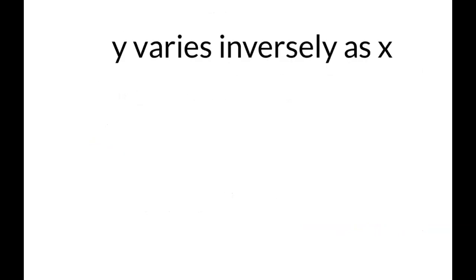We are going to attack these problems the exact same way that we did for direct variations, with one major change. When you see the words varies inversely as, you are going to translate that as equals k over.